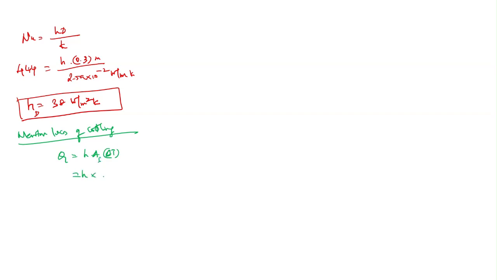The surface area of the cylinder is pi d l, or pi d h, into delta T, which is the wall temperature minus the ambient temperature. H is 38 watt per meter square Kelvin, into area pi into diameter 0.3 meter into height 1.7 meter, into the temperature difference: wall temperature is 30 degrees Celsius and ambient temperature is 10 degrees Celsius.